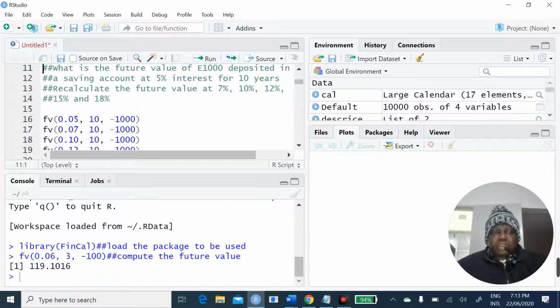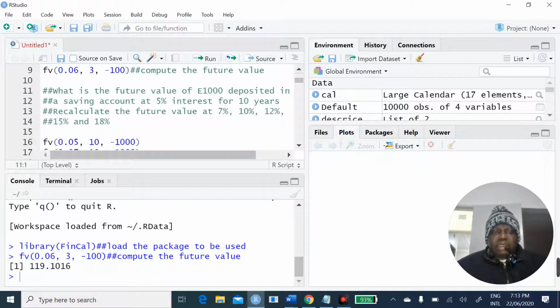Now there is this question. What is the future value of 1,000 Emalangeni deposited in a saving account at 5% interest for 10 years? Then we calculate the future value at 7%, 10%, 12%, 50%, and 80%.